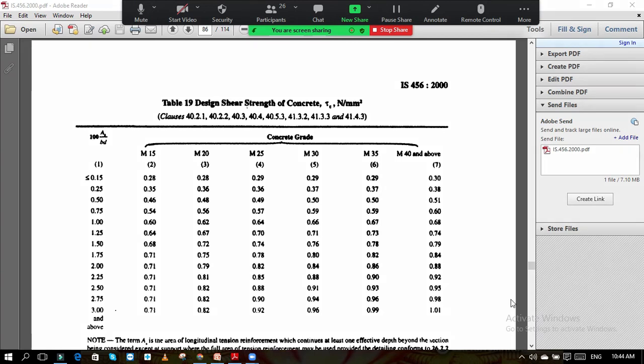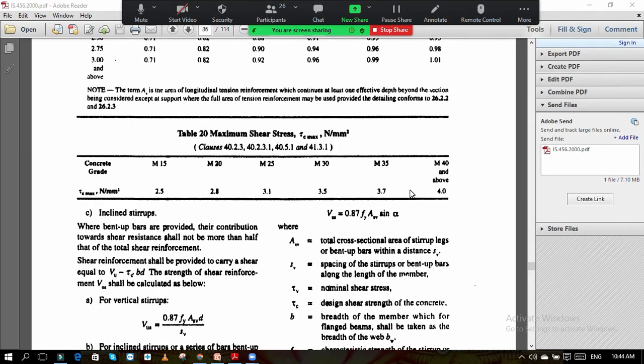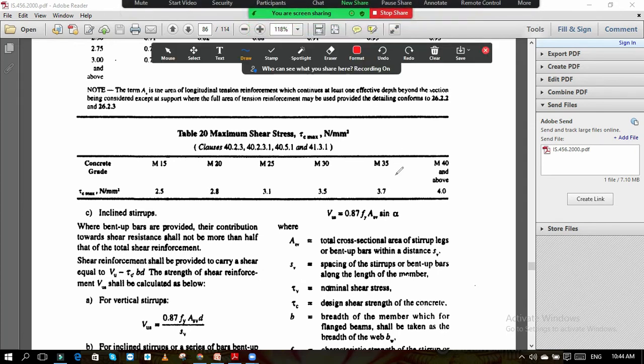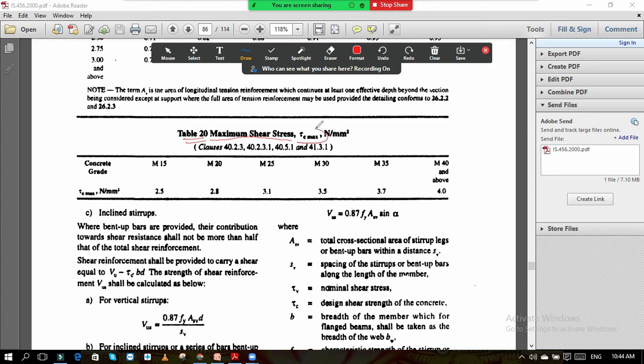Before going to table number 19, I want to show you one more thing. Generally it is safe, but still as additional knowledge you can keep it with you. Here it is given table number 20, and the heading is maximum shear stress tau C max. Still we are using table number 19. Now what is the use of table number 20? For M15, our grade of concrete, the value is 2.5.